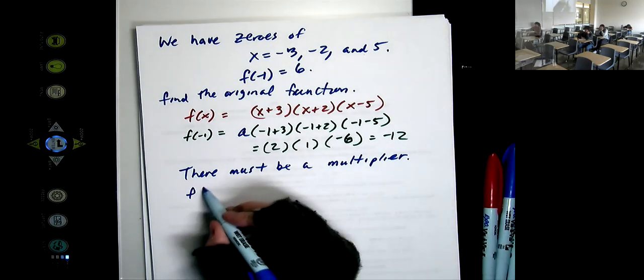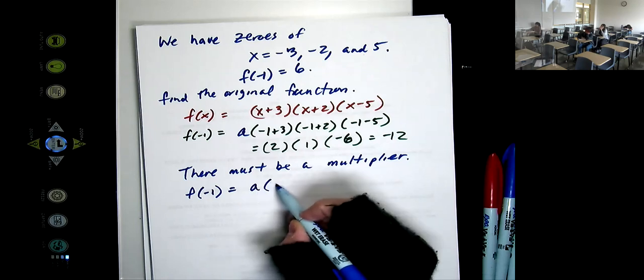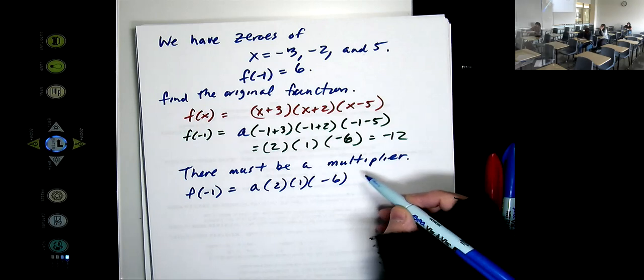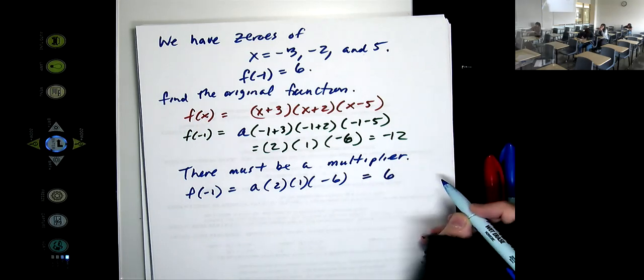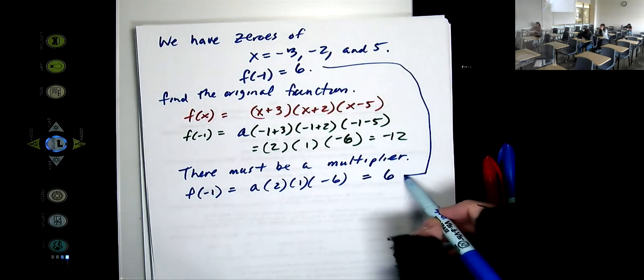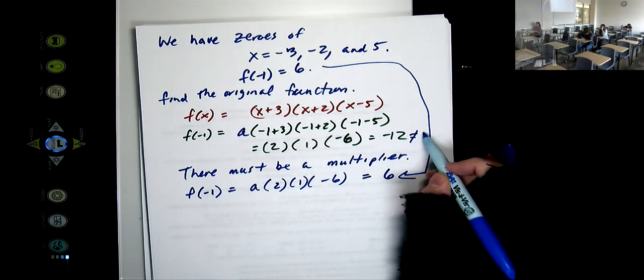So if I redo f of -1 with that in there, I have a times 2 times 1 times -6. I need that to equal +6.